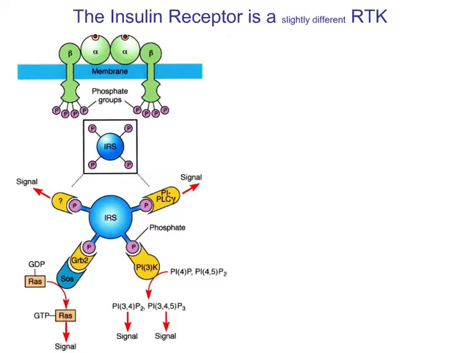Almost all receptor tyrosine kinases have a single plasma membrane spanning domain and are activated by ligand-induced dimerization mechanisms. The insulin receptor is also a receptor tyrosine kinase. However, it has a slightly different structure than most other receptor tyrosine kinases.